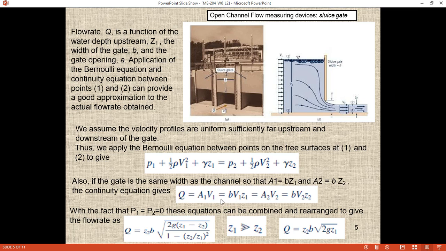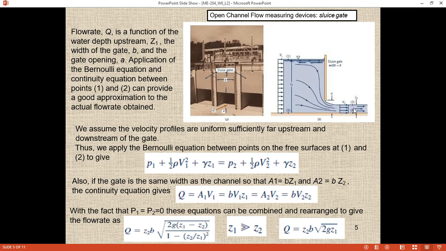What is A1? The area here. This is the velocity V1, and what is the area? B is the width and Z1 is the height. So B Z1 is the area and V1 is the velocity at this side.